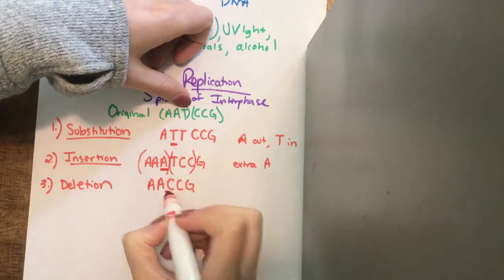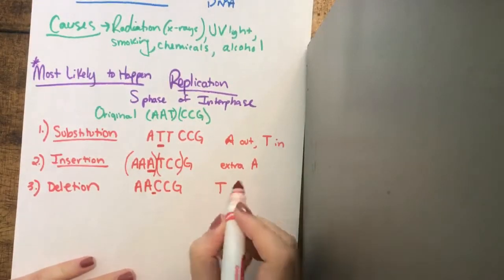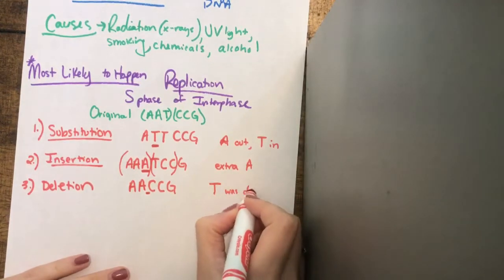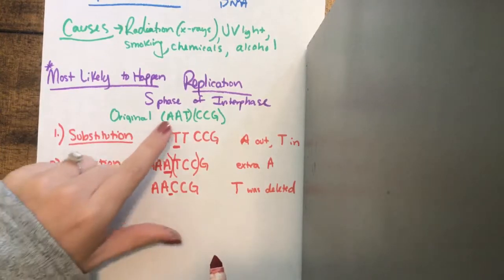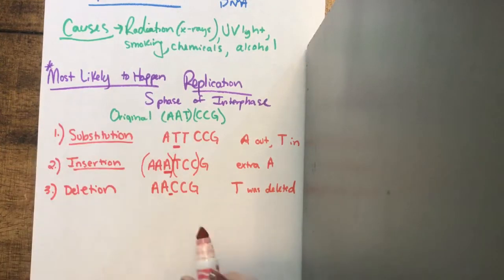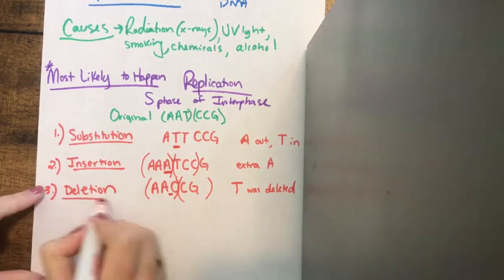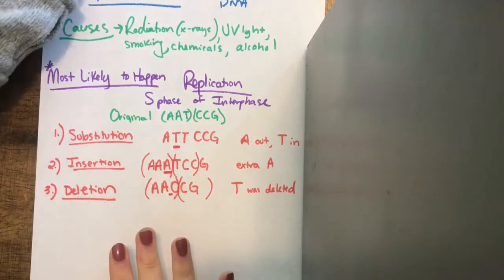So this T was deleted. All right, and once again, instead of being A, A, T, which is going to eventually code for an amino acid, it's going to read A, A, C, and then we're a short one, C, G. All right, so we're going to pause after those first three.